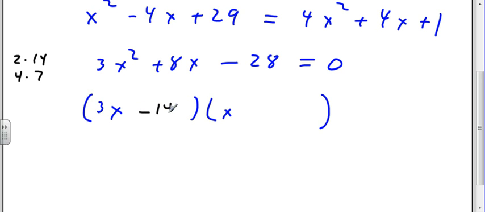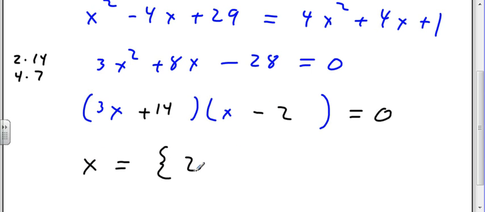Minus 14 plus 2. No, it doesn't. Plus 14 minus 2. There, that works. I've got 14 minus 6 giving me 8. All right, so I've got an answer that could be 2 or could be minus 14 over 3.